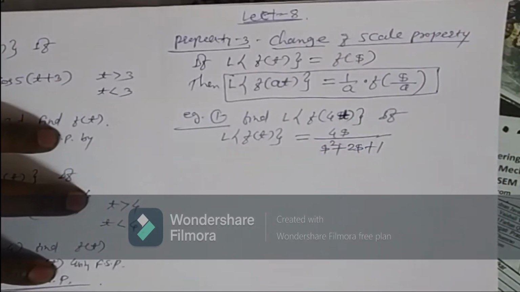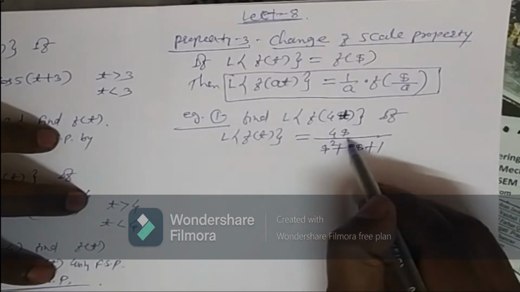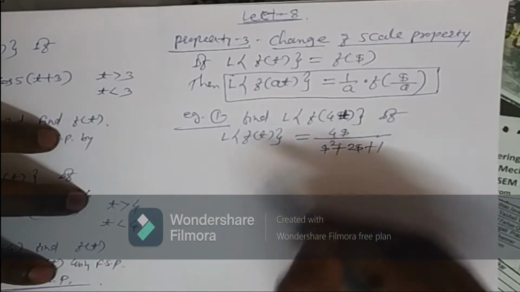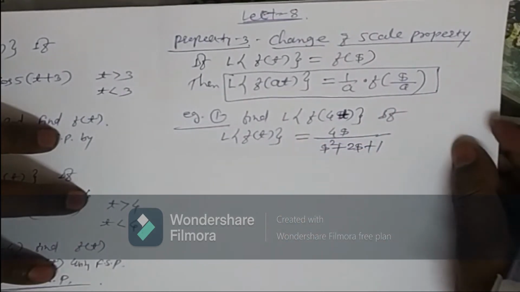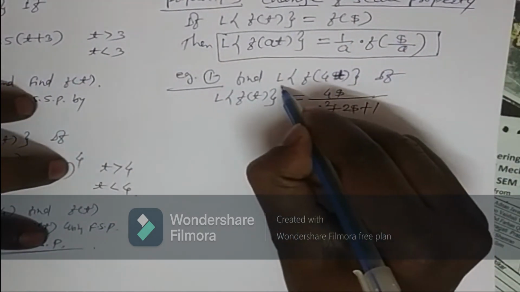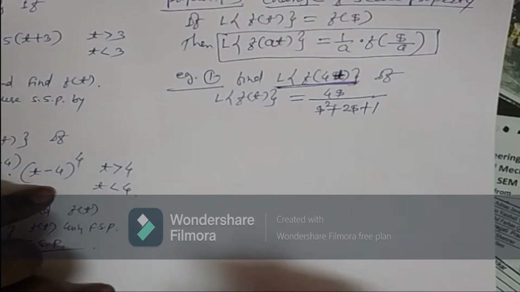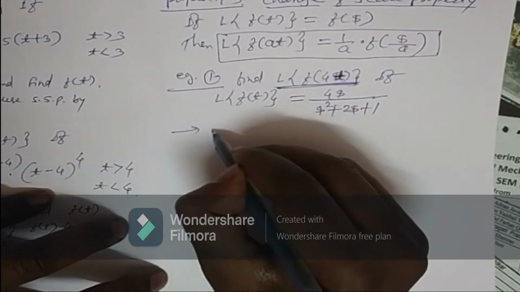So the Laplace transform of f(t) is given, and we have to find the Laplace transform of f(4t). Here you can understand that we have to use the change of scale property. Let us see how to do this.